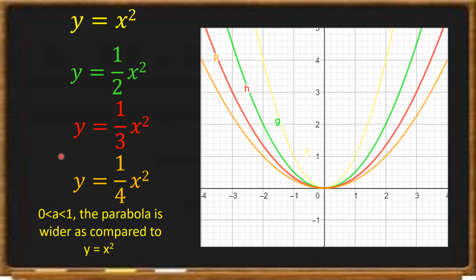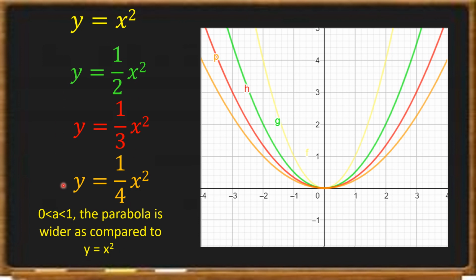Okay, so ano ang conclusion natin dyan? So, kapag ang a natin ay nasa gitna ng 0 hanggang 1, 0 and 1, nasa gitna yan. 1 half, 1/4, 1/3, 1/5, 1/6. The parabola is wider as compared to y is equal to x squared.